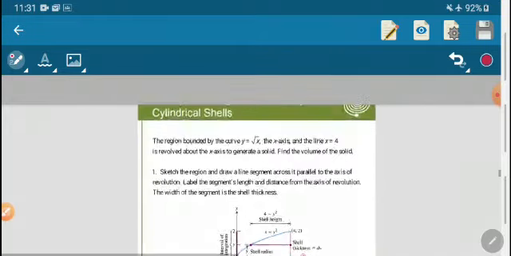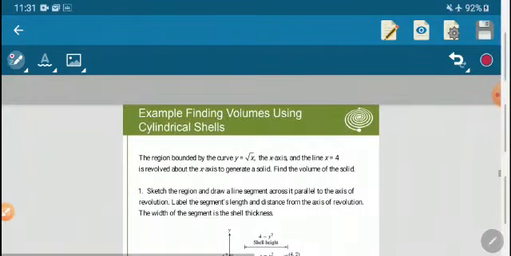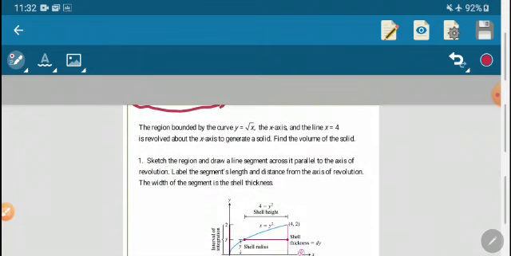The third part is to find the volume using cylindrical shells. The region here is bounded by the curve y equals radical x, the x-axis, and the line x equals 4, and is revolved about the x-axis. Revolution about the x-axis here means we have to write x in terms of y instead of y in terms of x.